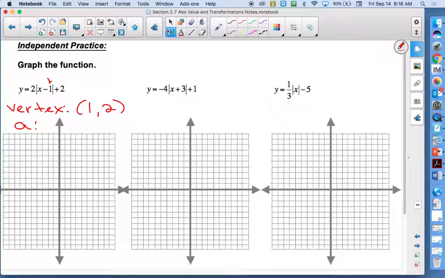So H is 1, K is the 2 outside, and it's the opposite. So we're going over 1, up 2. Emma, what would the A value be then? Yeah, 2 over 1. So you're moving up 2 right, and then you're moving up 2 and left. So up 2 right, up 2 right. Mimic those same points on the left, and then graph your absolute value function.